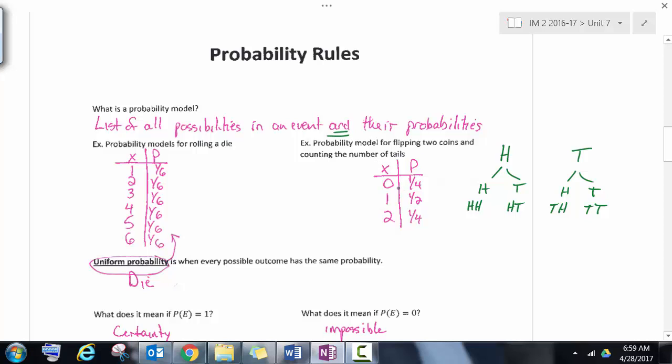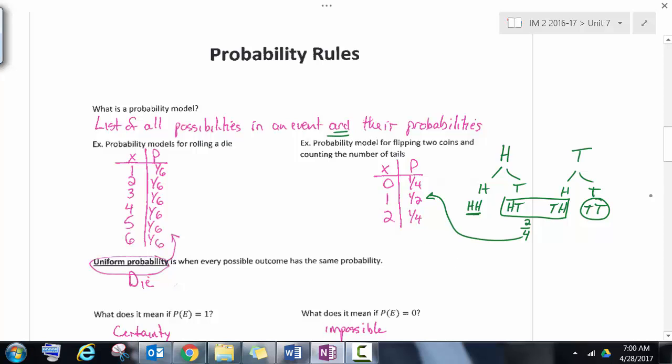So you can either have 0 tails, 1 tail, or 2 tails. Here's our 0 tails, and there's only one way to do that, 1 out of 4. We have 2 ways we can get 1 tail, either get it second or get it first. So there's 2 out of 4, which simplifies to 1/2, and then 2 tails, there's only one way to get that, so it's 1 out of 4.